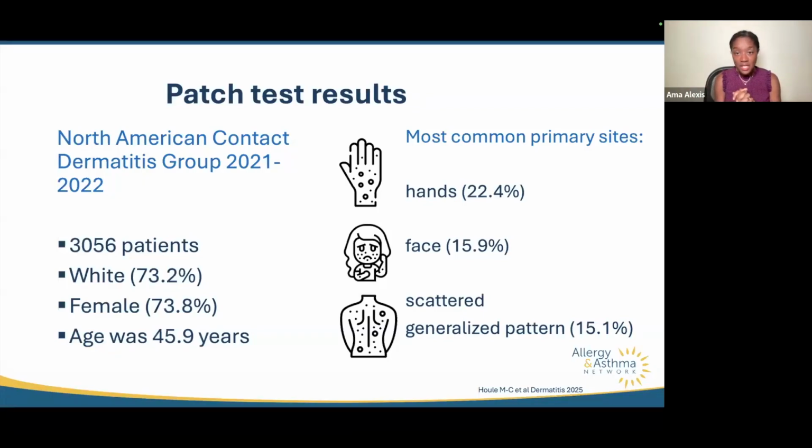They just published this article a few weeks back, where they looked at patch test results from 2021 to 2022. They looked at about 3,000 patients, about 3/4 were white, 3/4 were female. The average age was 45 years. And the most common primary site are the hands, that's correct, followed by the face, and then followed by a generalized scattered pattern.